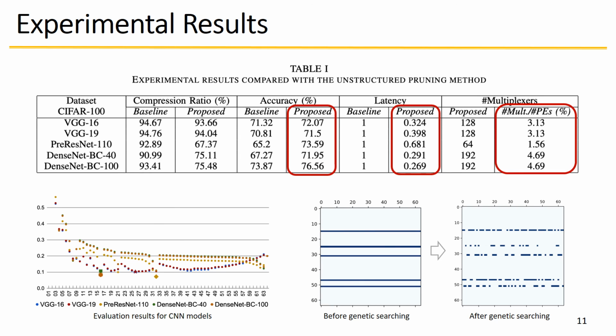Right bottom figure shows the flexible systolic array structure after genetic searching. The initial systolic array is determined by optimal block sets of each supported convolutional neural network. 47.81% of multiplexers can be removed without significantly increasing the latency.